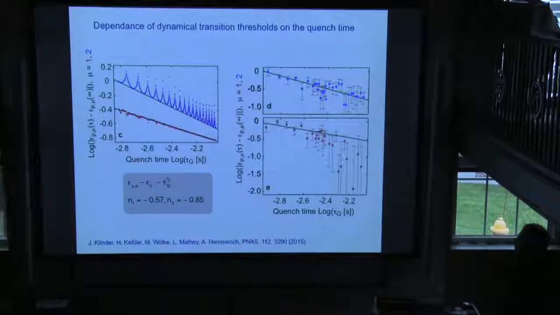And you see that there's a power law behavior with respect to the quench time, and from these calculations, we get the exponents of this power law, and then we simply plot these exponents into our data. And we see that it fits kind of okay.